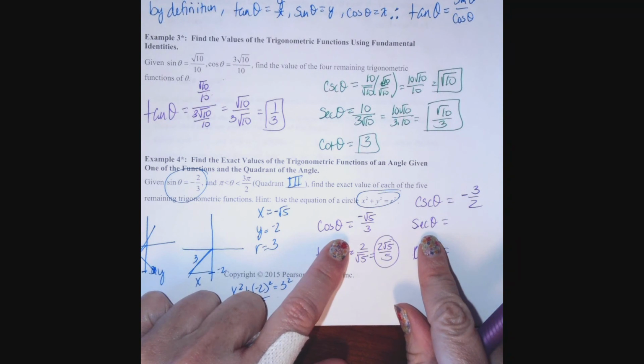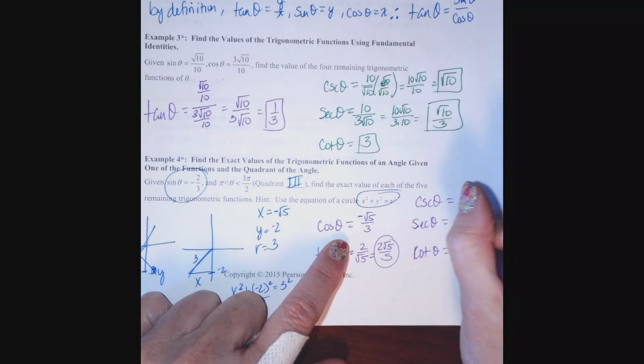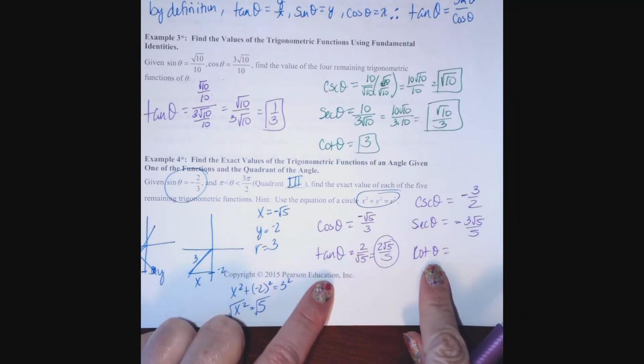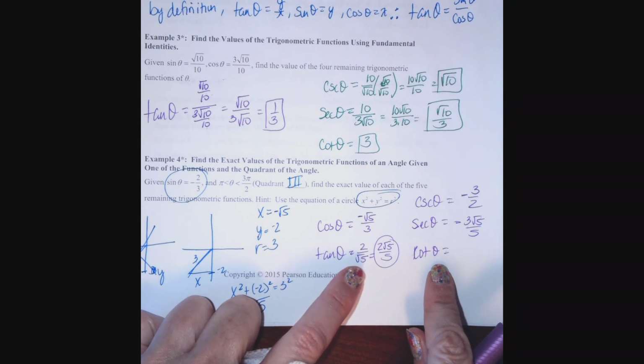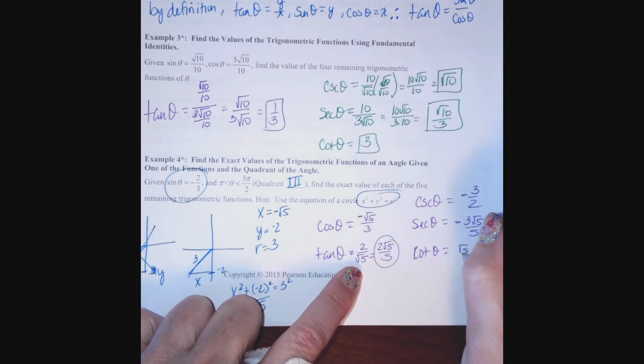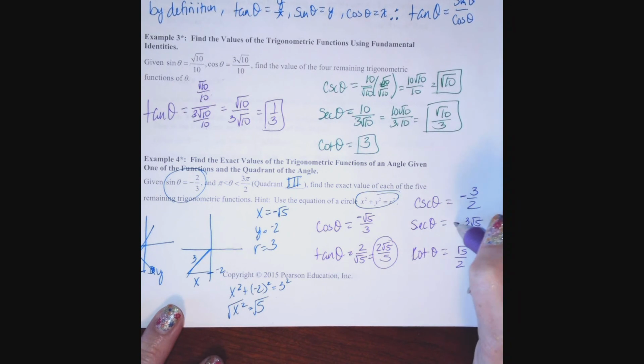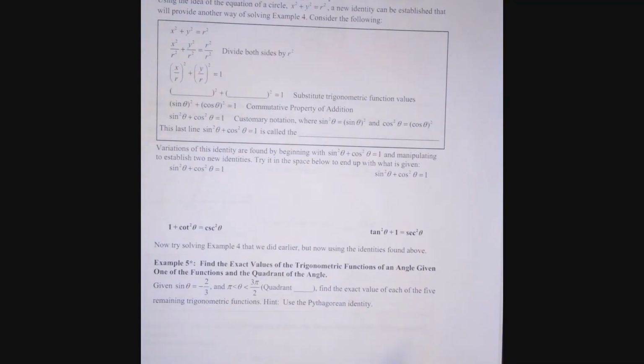When I flip that, I'm going to have to rationalize it. It becomes a negative 3 square root 5 over 5. And reciprocal of tangent, if I start before I had rationalized and just flip that, I do less work. Square root 5 over 2. Both secant and cosecant are negative because they're the reciprocal of sine and cosine. Cotangent is positive because it's the reciprocal of tangent.